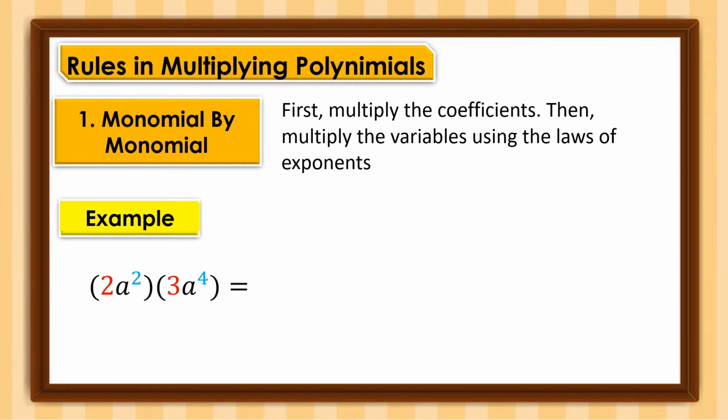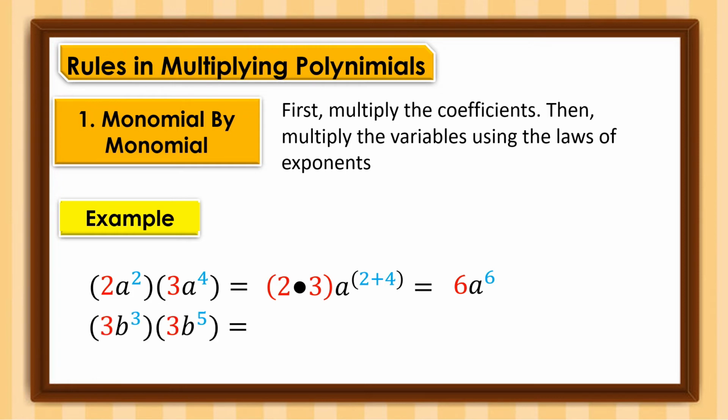First multiply the coefficients: 2 times 3, and then copy the base or the variable. Then using the laws of exponent, we will add the exponents. Since the operation is multiplication, the exponents are 2 and 4, so let's add them up, and we will have the final answer as 6a raised to 6.